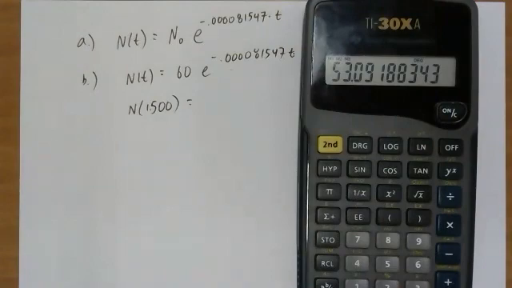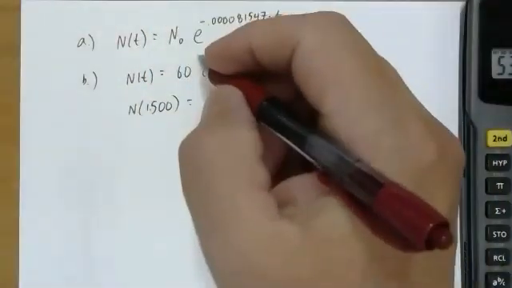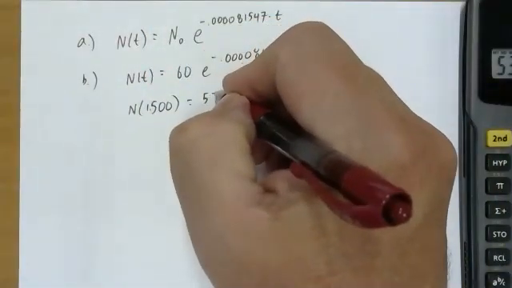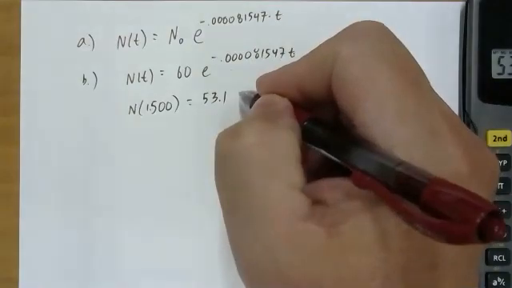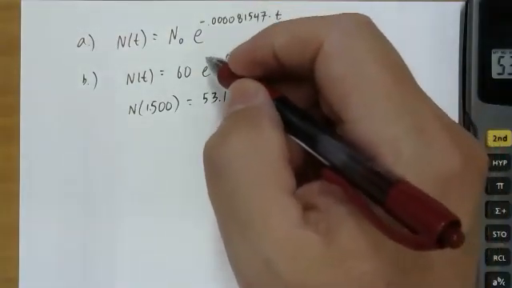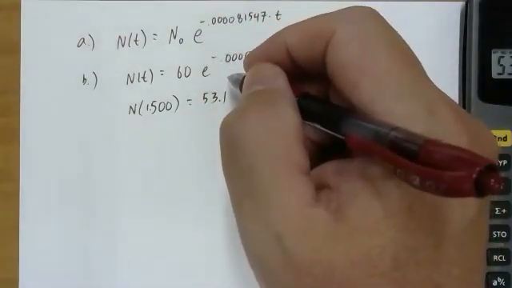53, let me ask for significant digits and stuff. It doesn't, so I'll just call it 53.1. So this is pretty slow. So this is like grams, I think.